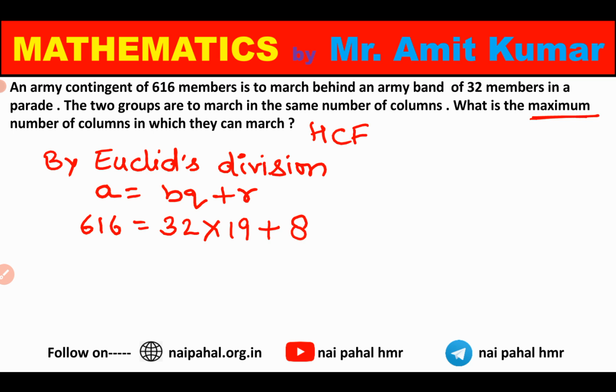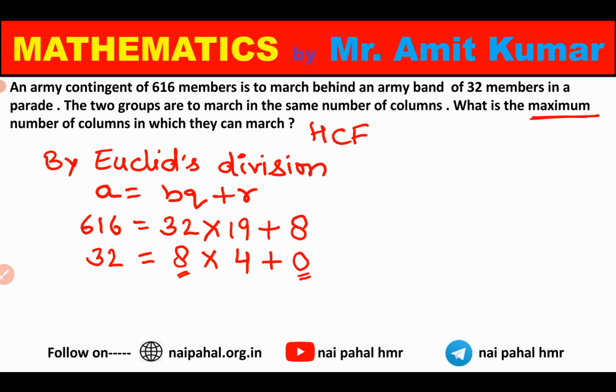Then repeat this: the old divisor 32 will be our new dividend and the old remainder will be our new divisor. How many times do we multiply it? 4 times. And what do we get as remainder? 0. If we get the remainder as 0, then we can say that that divisor is our HCF.